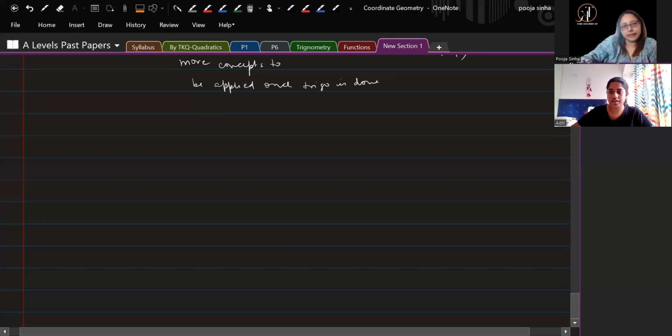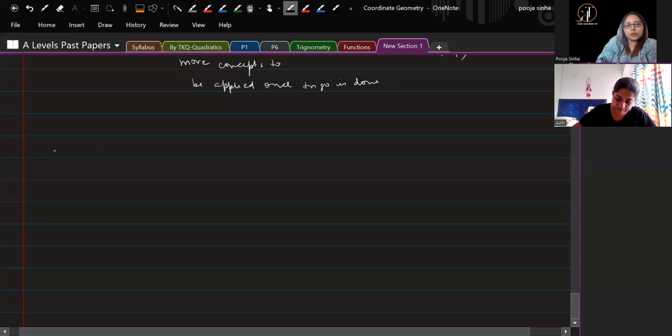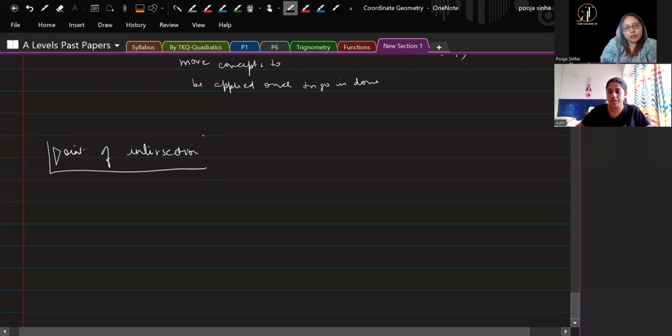Yeah. Next. चलो. Now, this is something we already know, so I'll just go through this quickly. You know what is point of intersection, right? It's basically where two lines actually intersect or cross paths. Correct. So points of intersection के बारे में बात कर रहे हैं अभी. इनको solve करने का क्या तरीका होता है?